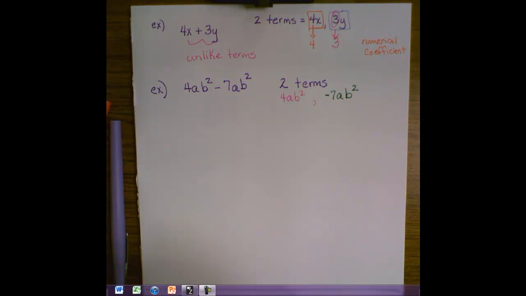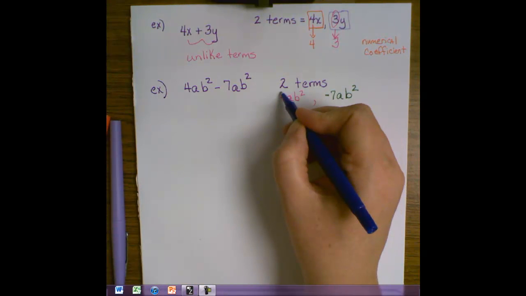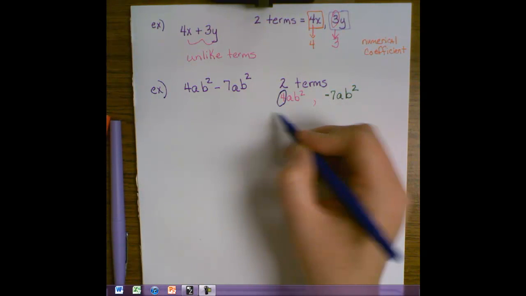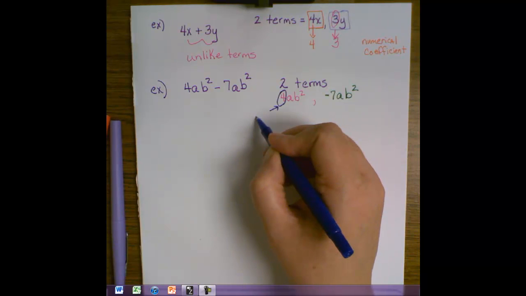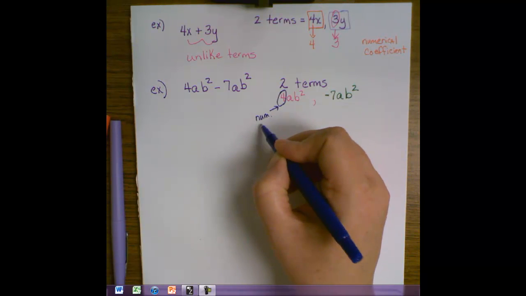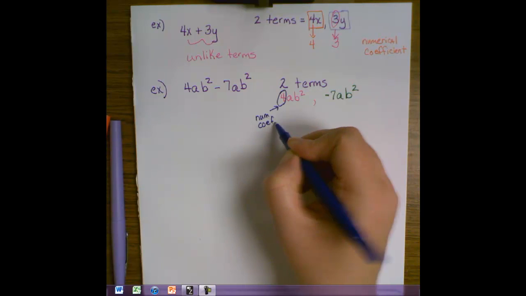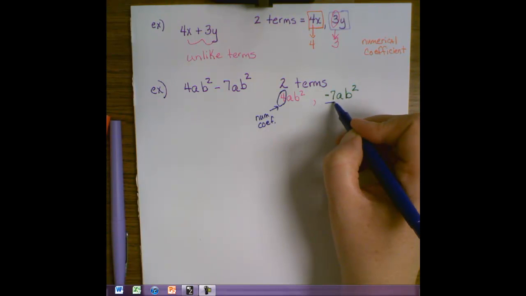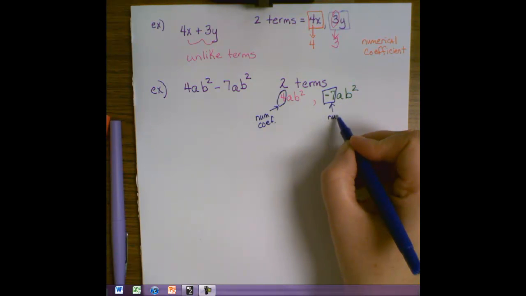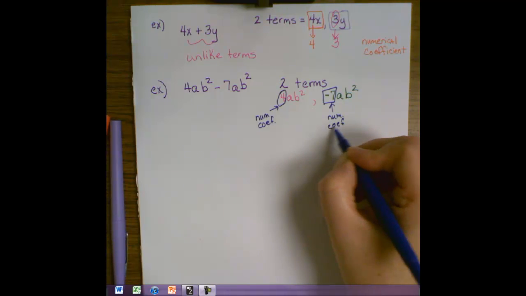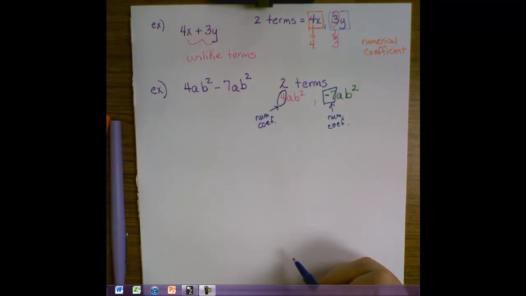In the first term, the numerical coefficient is a 4. In the second term, negative 7 is the numerical coefficient.